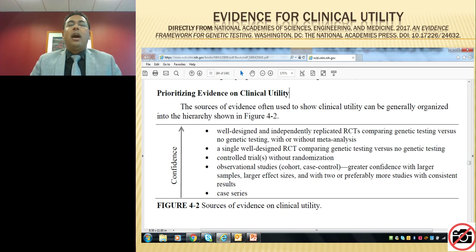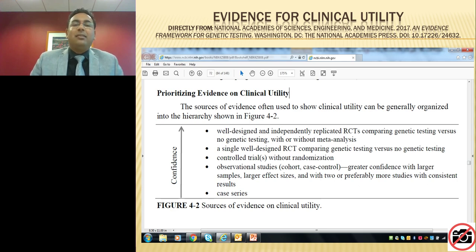This is where a lot of impasse occurs between organizations and the folks who are trying to get reimbursed or establish clinical utility or medical necessity for their testing, in that RCTs are not feasible, or the best way to go about it.